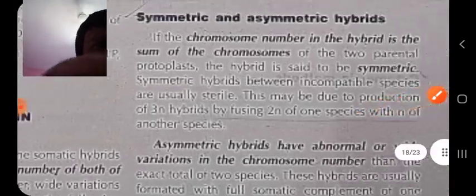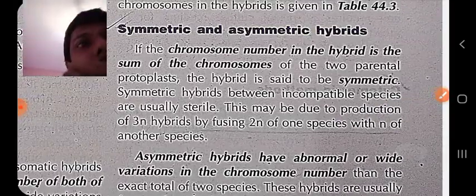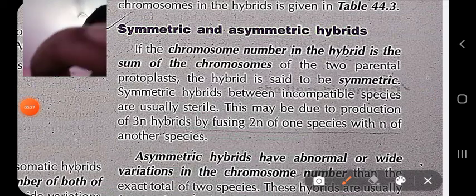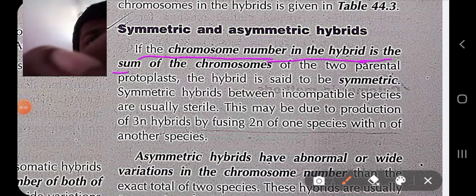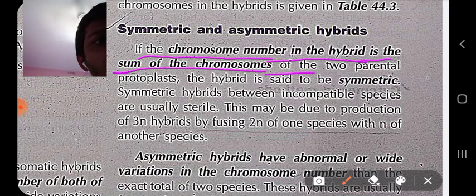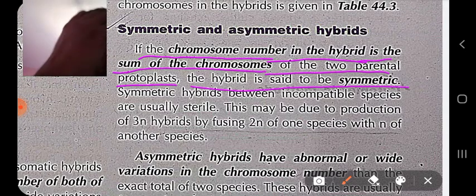Let me again revise this part. It is saying that if the chromosome number in the hybrid is the sum, that means addition, of the chromosomes of the two parental protoplasts, then this hybrid is said to be symmetric.